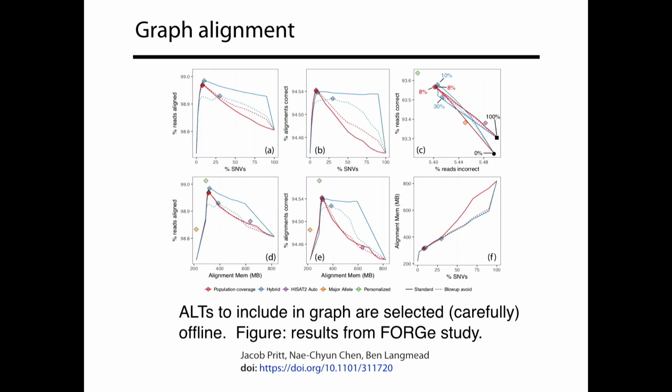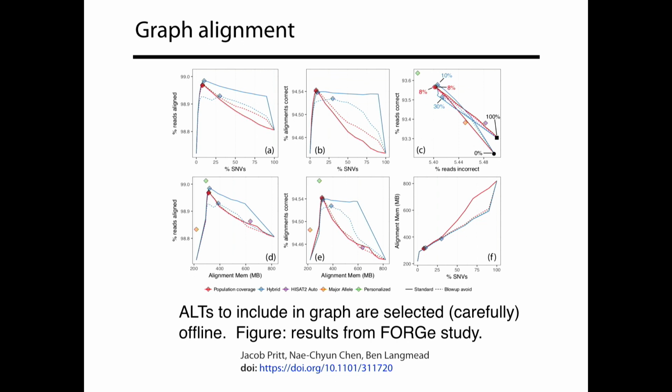And if you're careful about how you pick the alternate alleles to include in the graph, then you can actually improve alignment correctness. You can improve various alignment accuracy metrics to the point where you're kind of approaching the ideal of if you had had a personalized reference genome for this particular individual. So this can definitely help improve alignment.